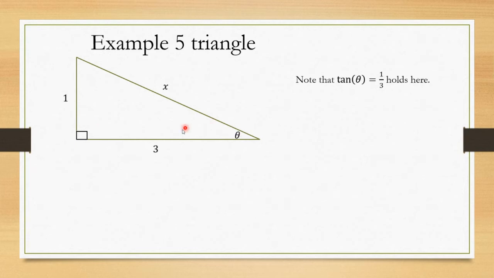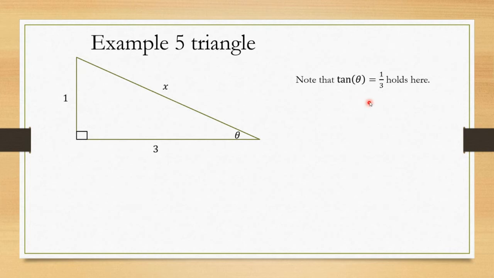The adjacent side is here. So tangent of theta is a third. We have opposite side is length 1. The adjacent side is length 3. So for this right triangle, this is true.